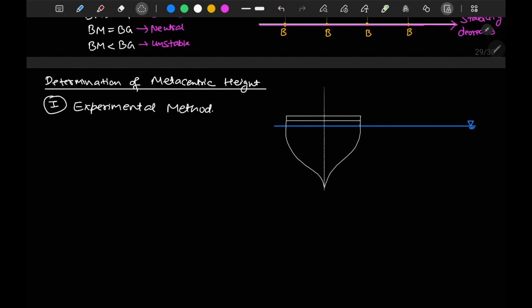Okay, so this is your body, let's say, and we have kept a weight w on this.